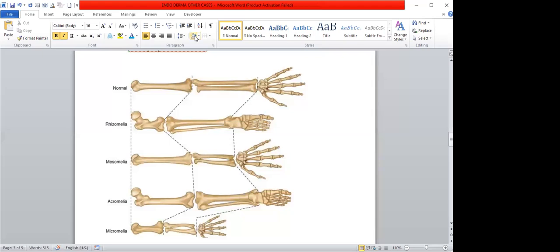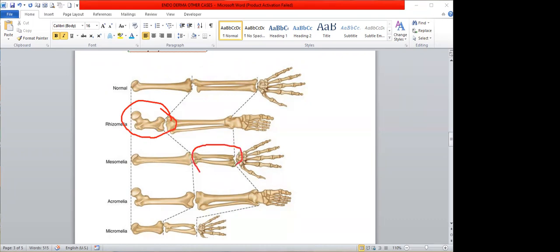If the shortening is not in the humerus but in the radioulna, this part, that is called mesomelic shortening.